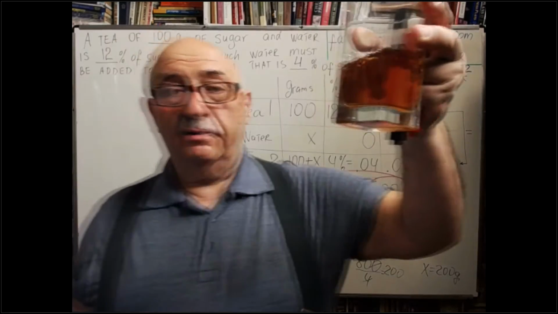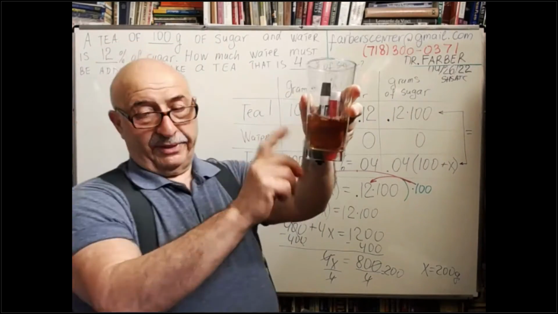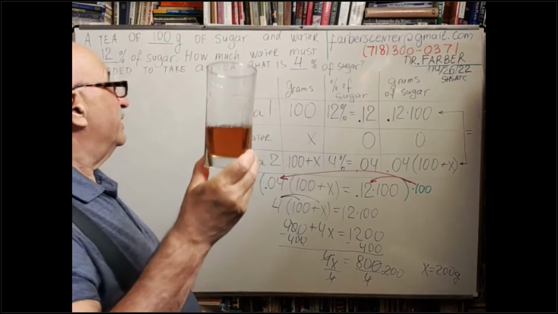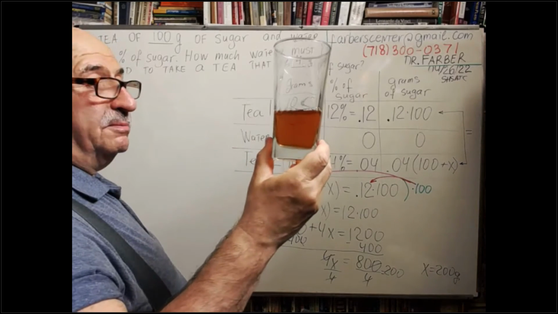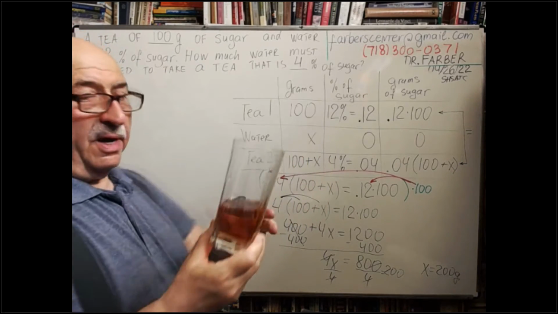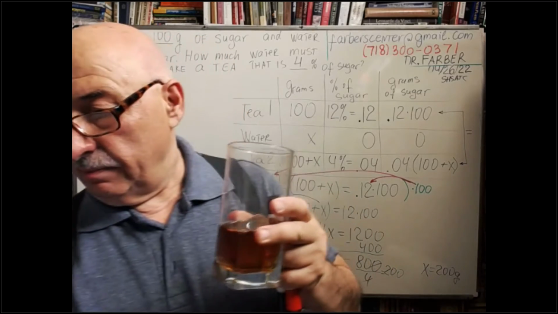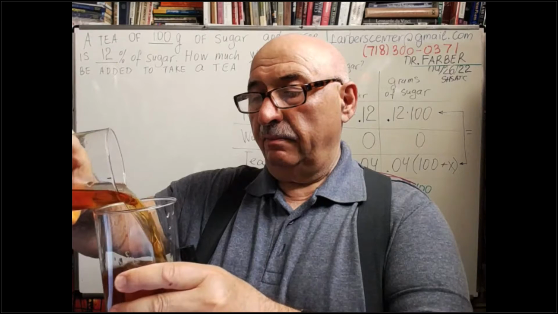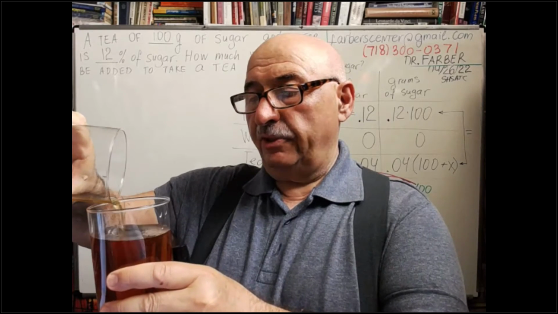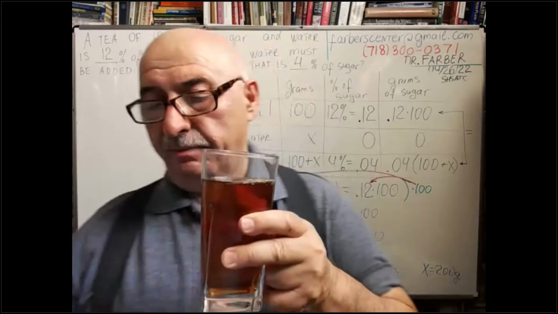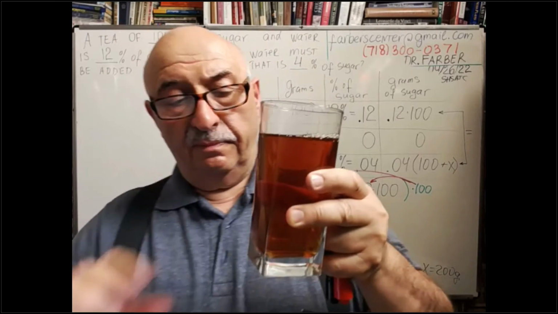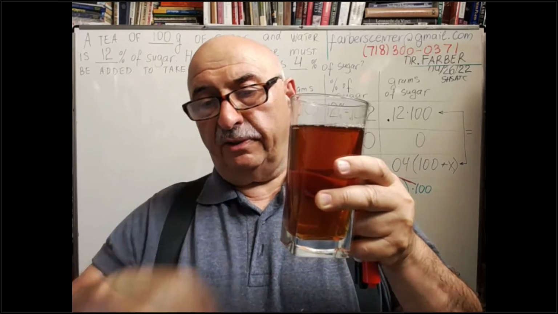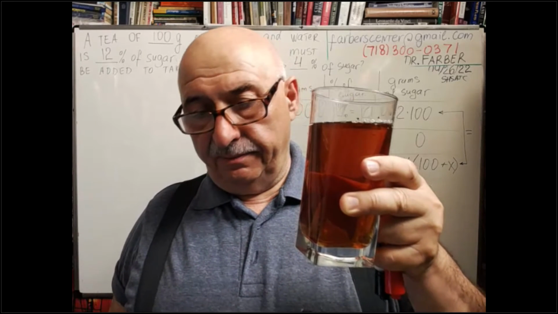Pretend this is 100 grams, and pretend this is plain water. If you add x grams of water, how much tea will I have here? It was 100, and I added x. What do I have in this glass?